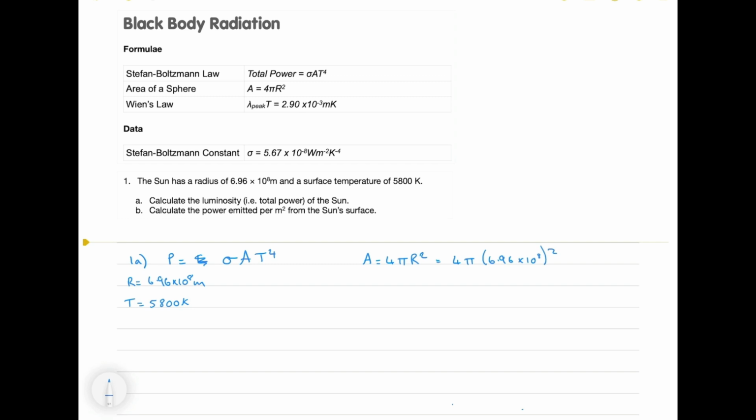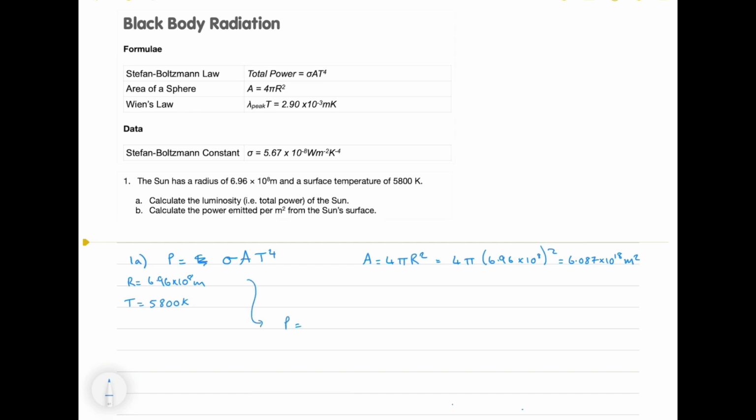And we'll square that. And that's going to give us a value of 6.087 times 10 to the 18 meters squared. That's our surface area. So let's pop that into our equation here.